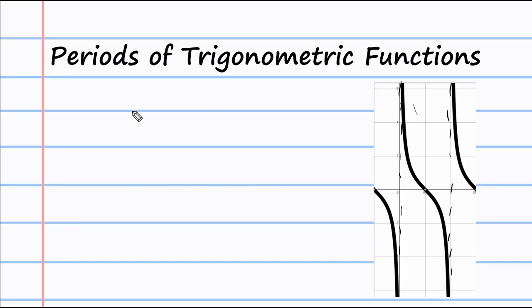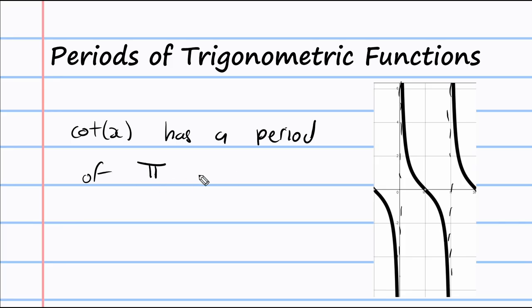It has a cycle of pi units. So cotangent x, just like tangent of x, has a period of pi units.